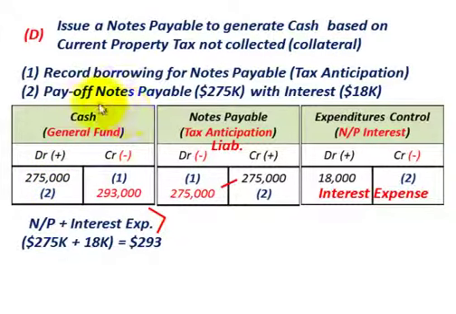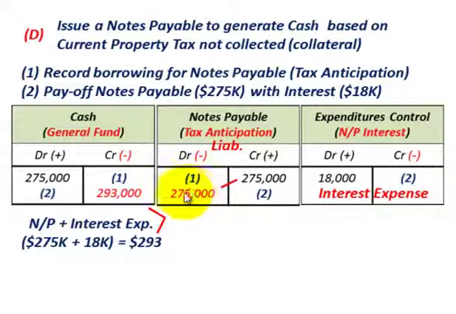And then let's just say when you come to pay off this notes payable, you'd pay, in this case, the $275,000 with interest. Let's say there was $18,000 charged on interest in that notes payable. So you go down to your notes payable account and debit it for $275,000 to close it out, and then in your cash account, you're going to have to reduce your cash by $293,000.